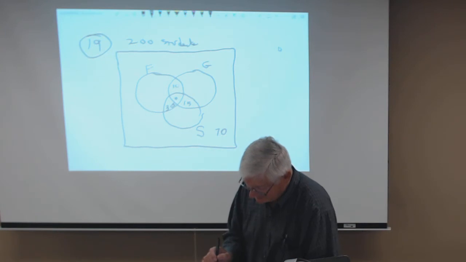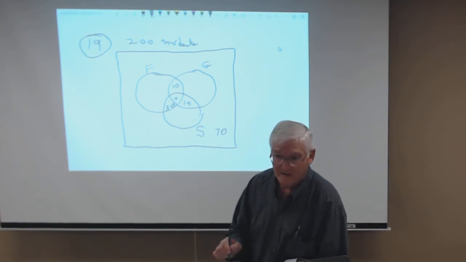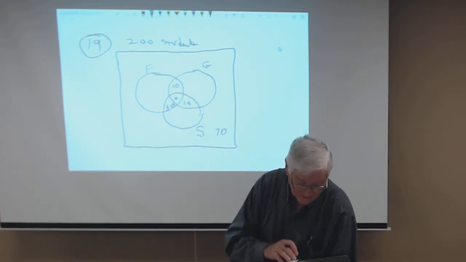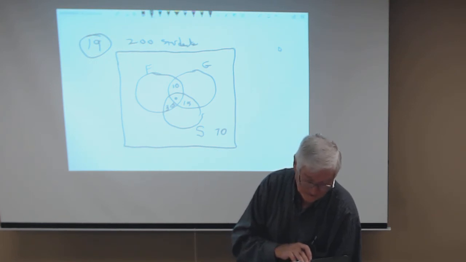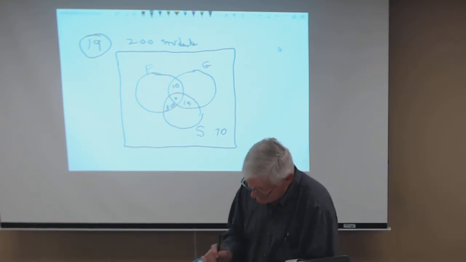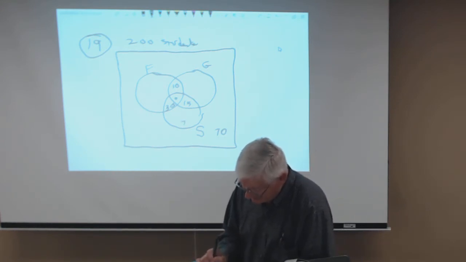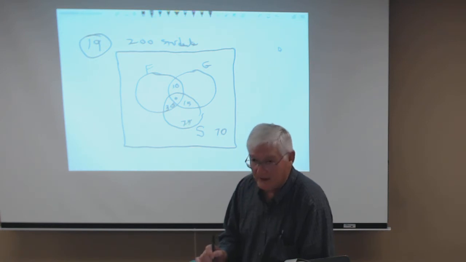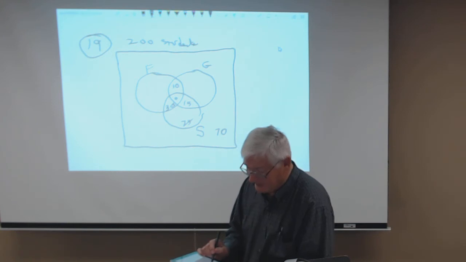See how I'm filling this in? Now's where it starts to get tricky. Back it up. What's the next thing it says? 75 are taking Spanish. But if I put 75 there, I'm messed up, aren't I? Because I already have how many of the 75 represented? So what do I put in instead of 75? 30.